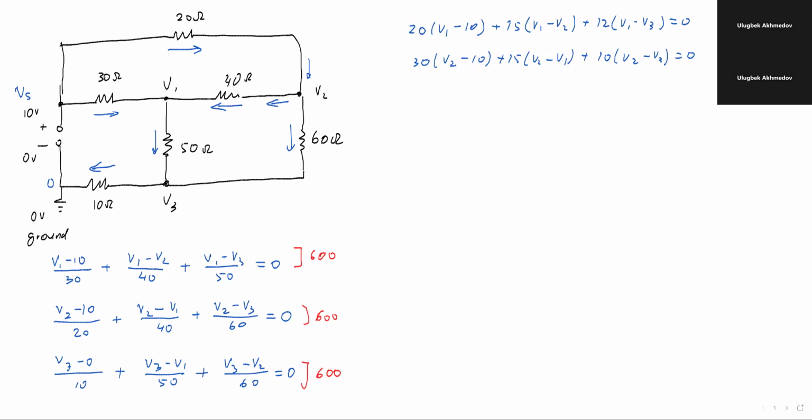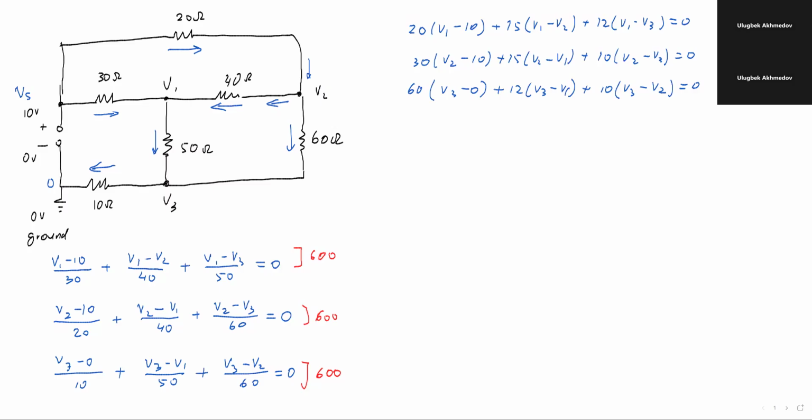The third equation ends up being 60 times (V3 minus 0) plus 12 times (V3 minus V1) plus 10 times (V3 minus V2).